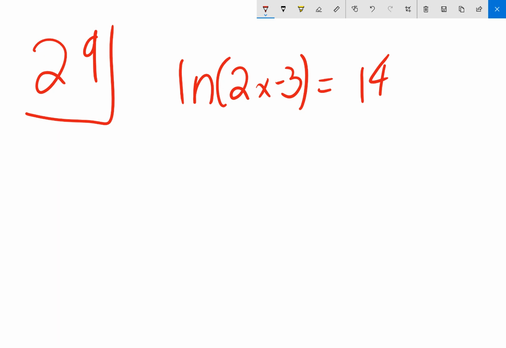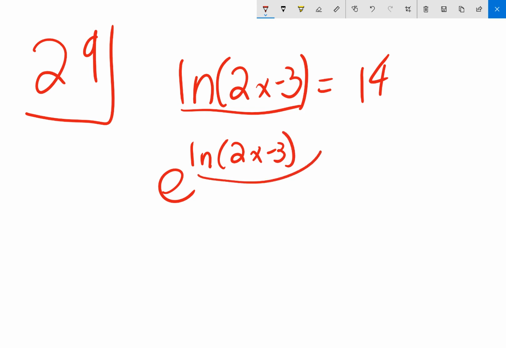What's the opposite of natural log? E. If I use e, it stands for exponent, so all this stuff becomes an exponent on top of e. It'll be e to the natural log of 2x minus 3 power. All of this is the exponent now, and e is the base.